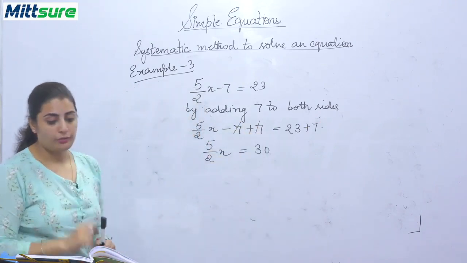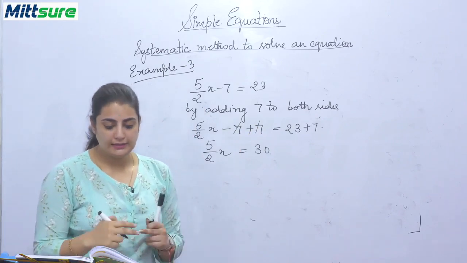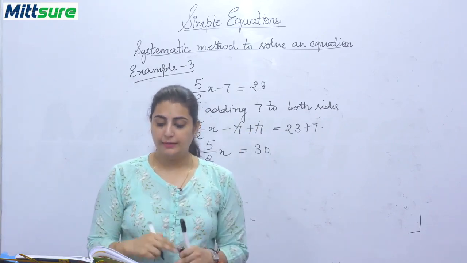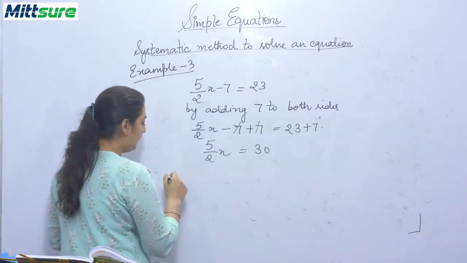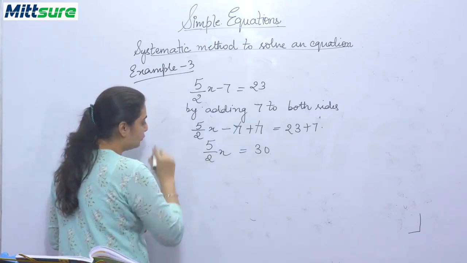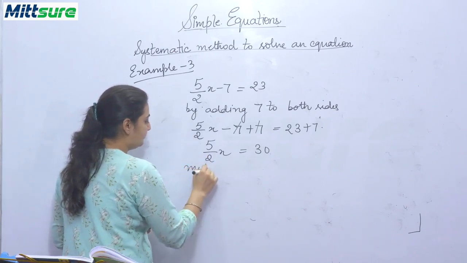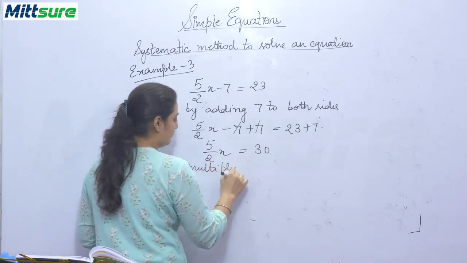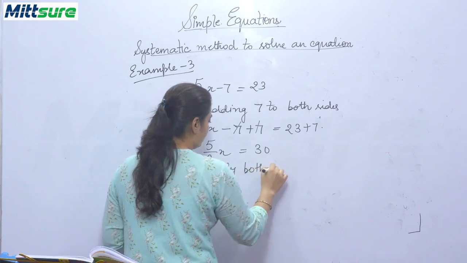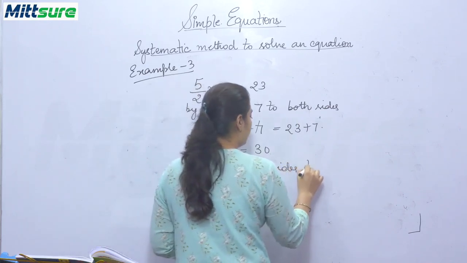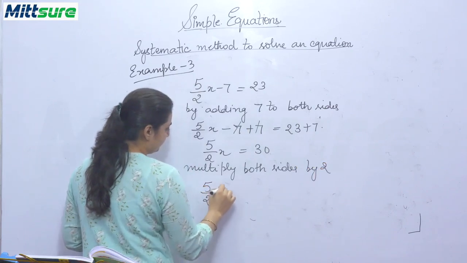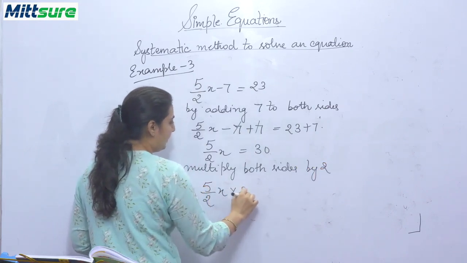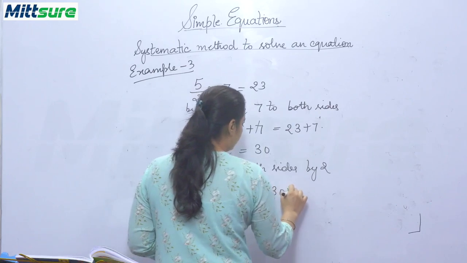Right? Now what we will do? Next step will be to multiply both the sides by 2. Now I will multiply because I want to remove this 2 now. Multiply both sides by 2. 5 upon 2 x multiplied by 2, 30 into 2.